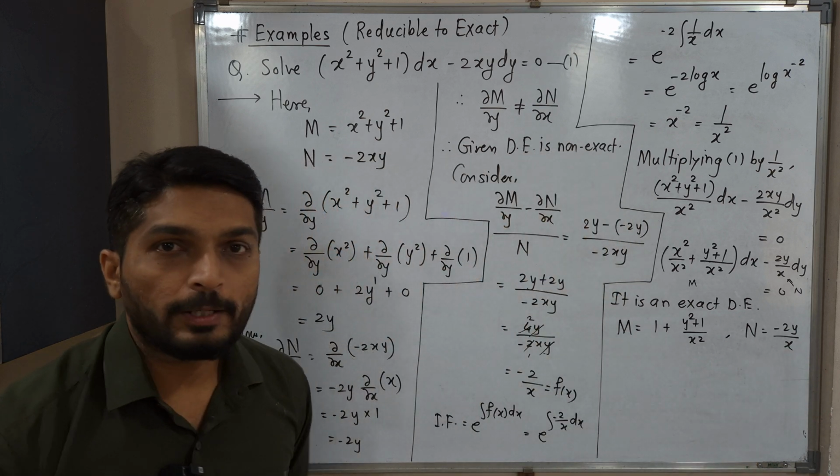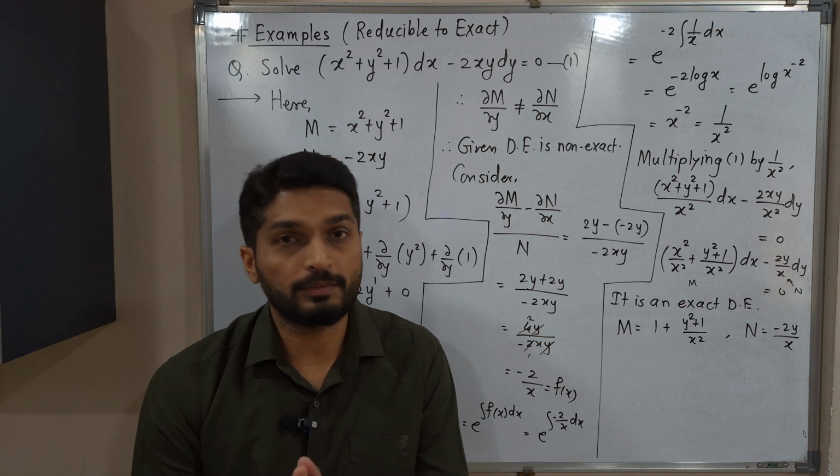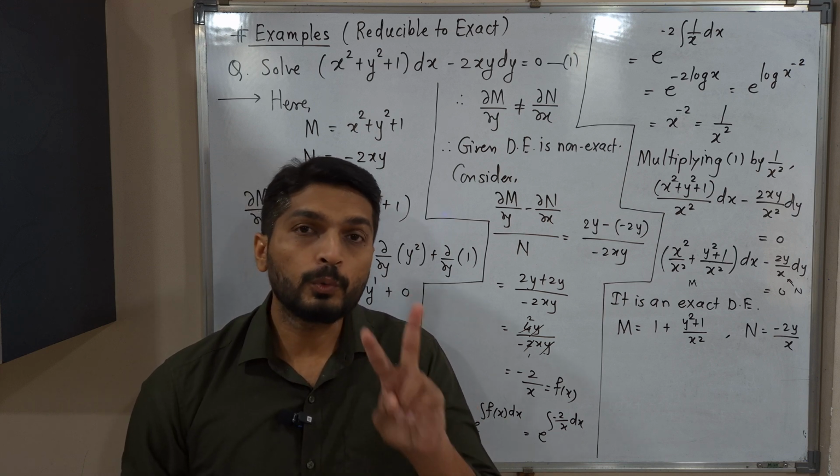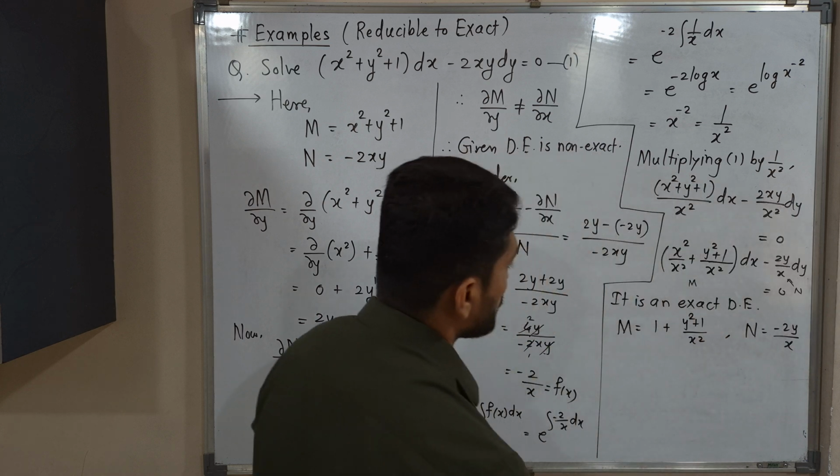So it is exact. That means we can follow the same method which we use for exact to find the solution. We add two integrations. So let me tell you first and then we will move further.